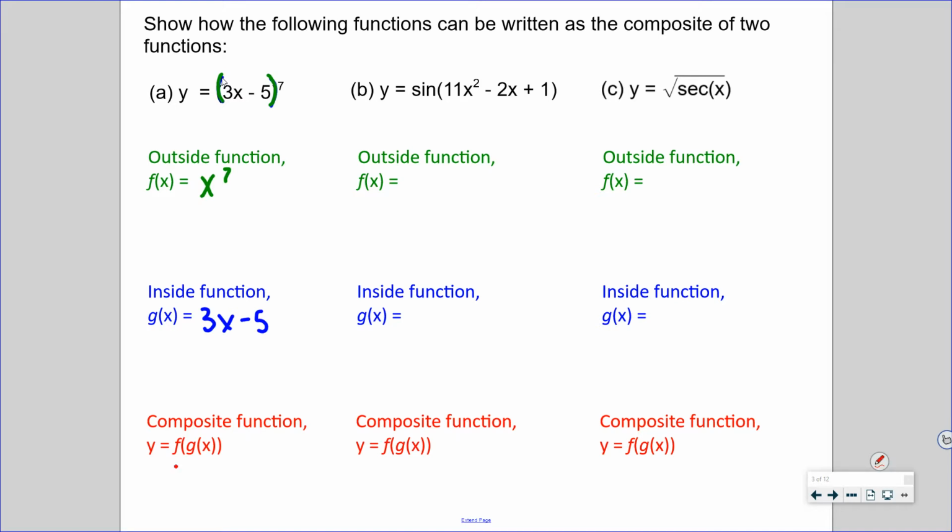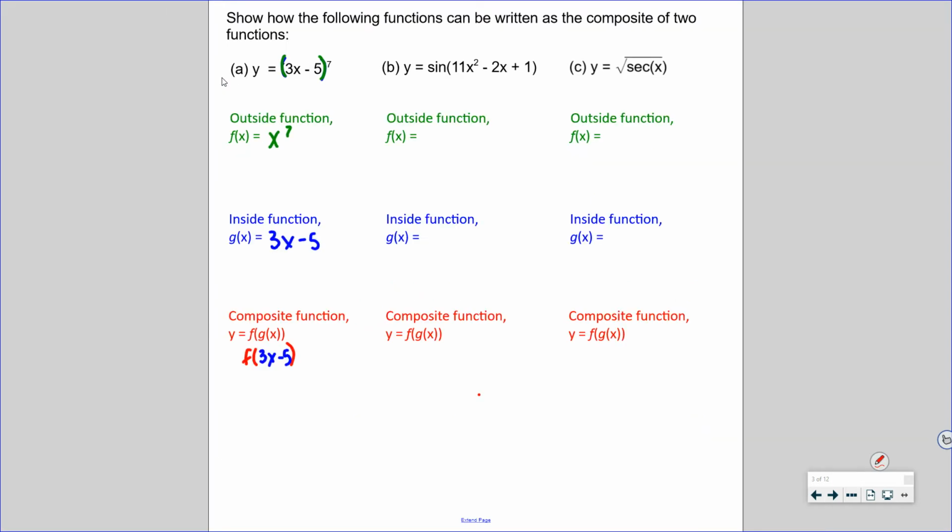Which would make sense if I took f of g of x. If I were to plug 3x minus 5 into f of x, which is x to the 7th, we would get that 3x minus 5 to the 7th.